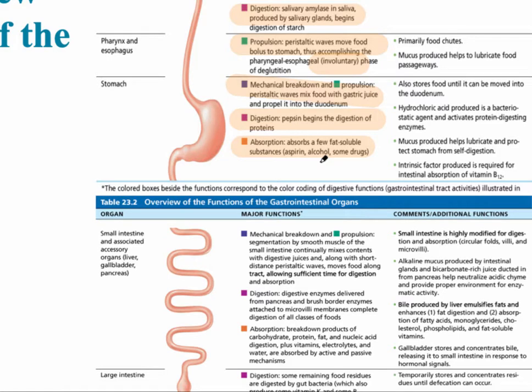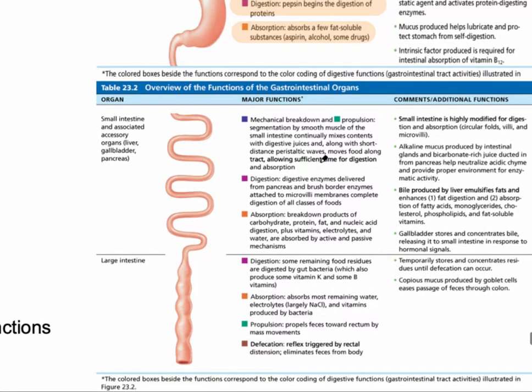So the next part of this table is the small intestine and the associated accessory organs like the liver, pancreas, and the gallbladder. So there's mechanical breakdown and propulsion that occurs by the smooth muscle that's lining the small intestine.